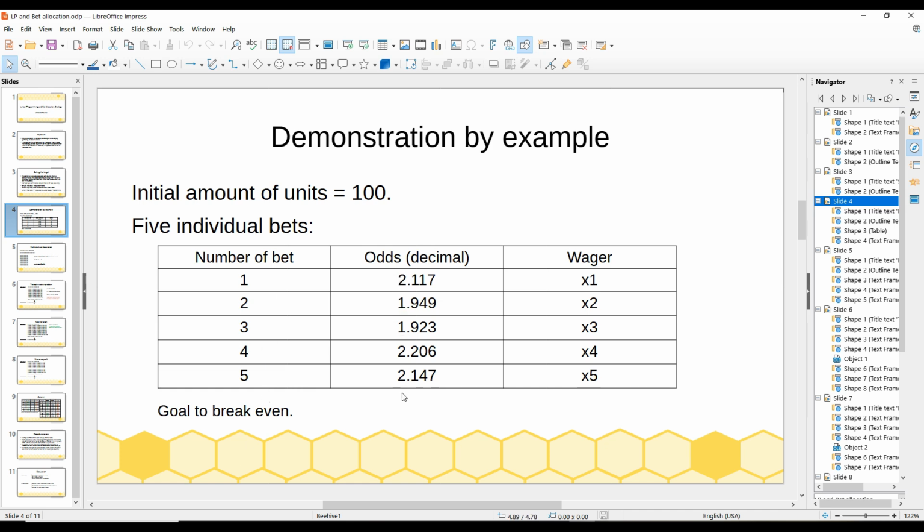Every bet has its own odds. The odds are expressed in decimal format. I will not be using any other format, fractional or American style. And of course the goal is to put our wagers in such a way that we at least break even if we win a minimum number of bets.